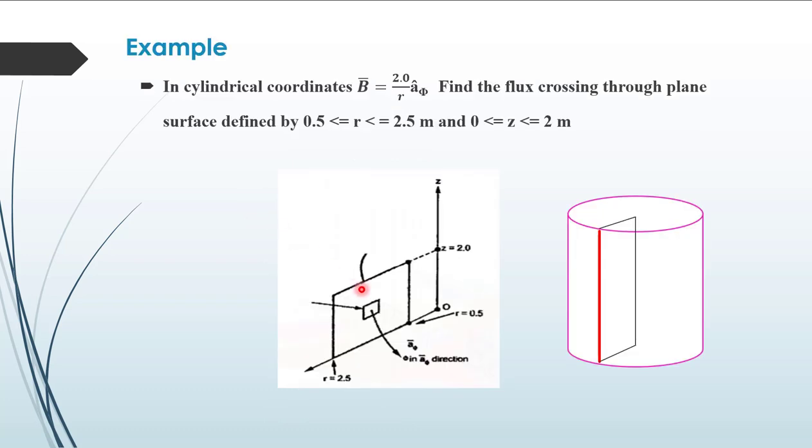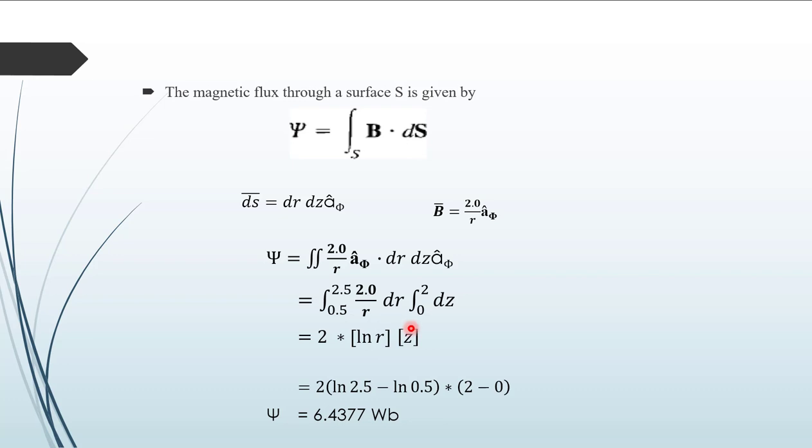It is change in r and change in z, so it is dr dz, and it is a φ equal to constant surface, so a φ cap is attached to it. So this is the equation for that small surface area in cylindrical coordinate system: dS bar is equal to dr dz a φ cap, and B bar is already given to us as 2 divided by r a φ cap.